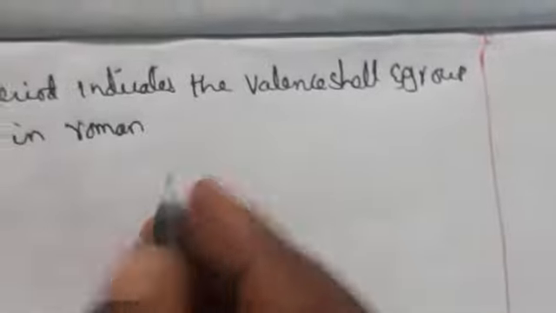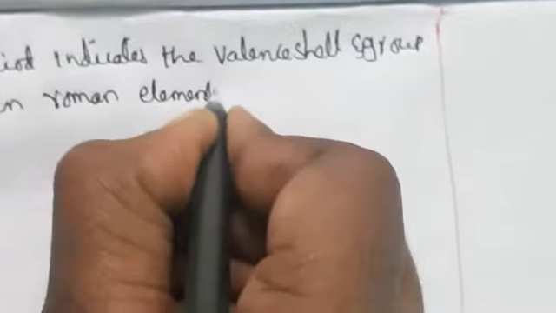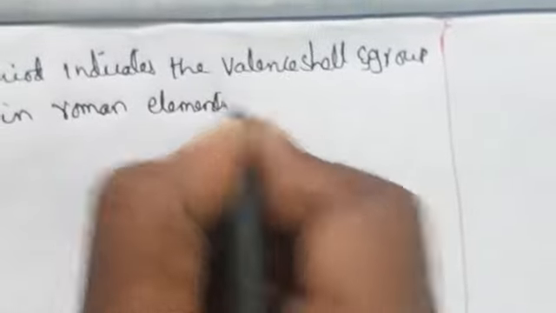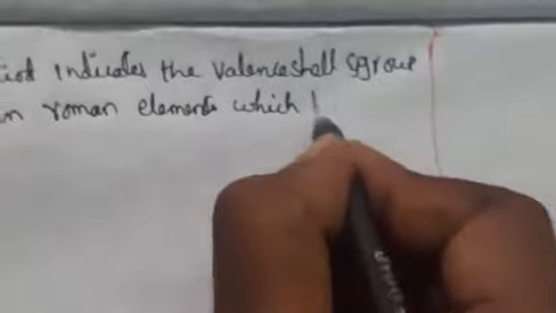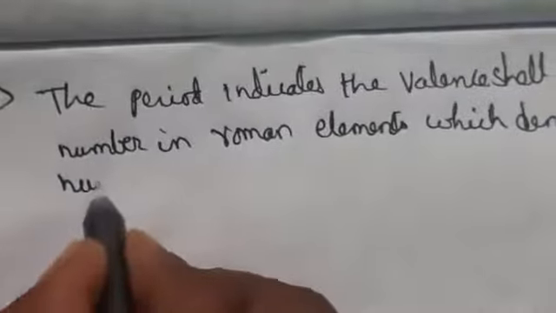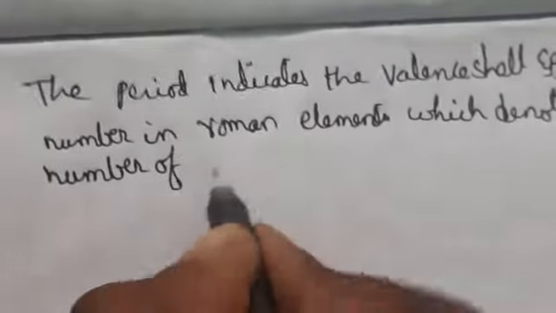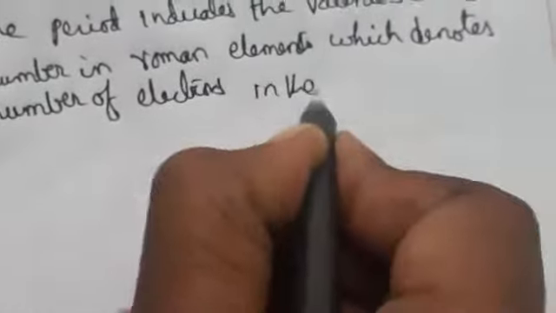If you have seen 3A group elements, 4A group elements, 5A group elements in the periodic table, it is representing Roman numerals, which denote the number of electrons in the outermost shell.